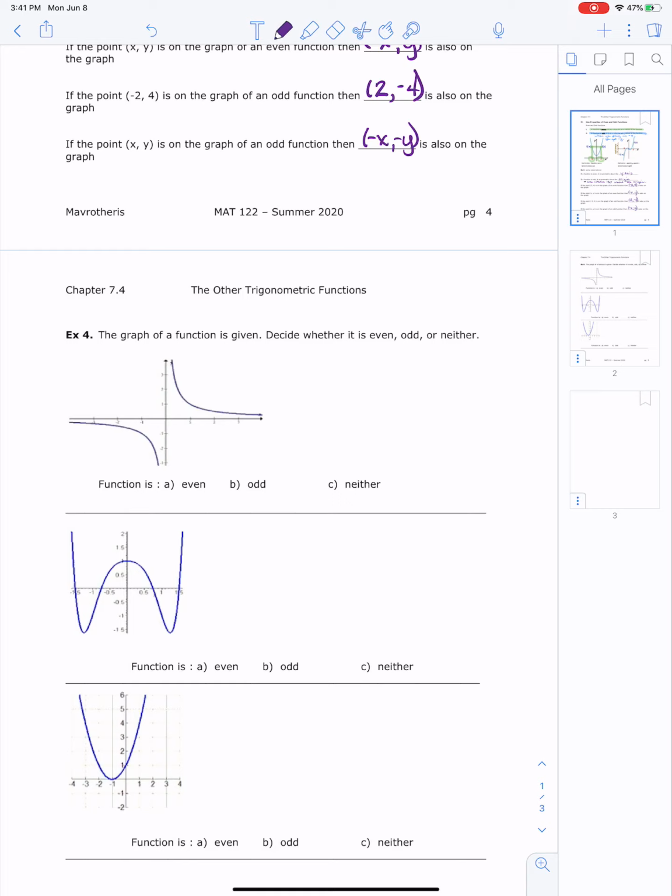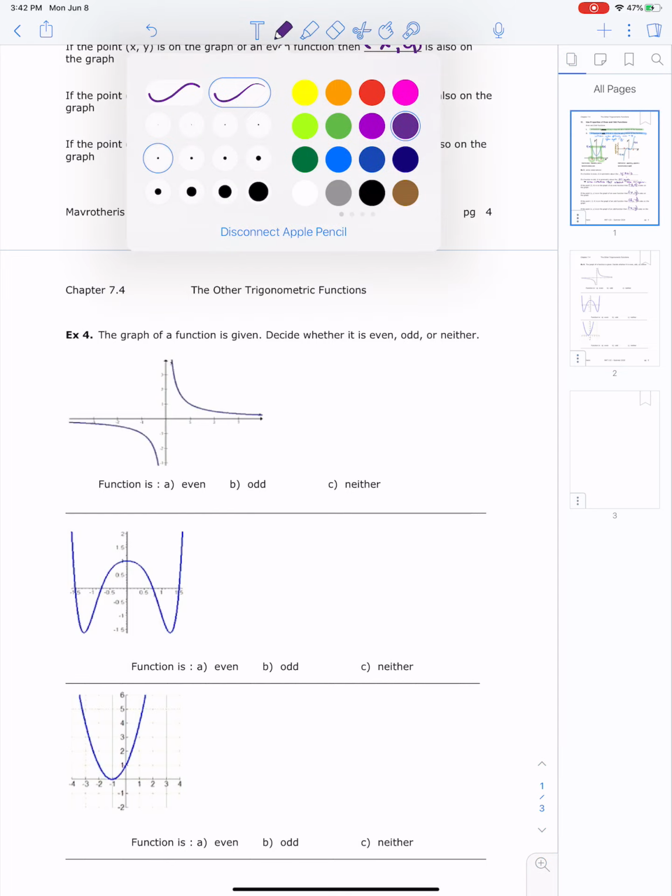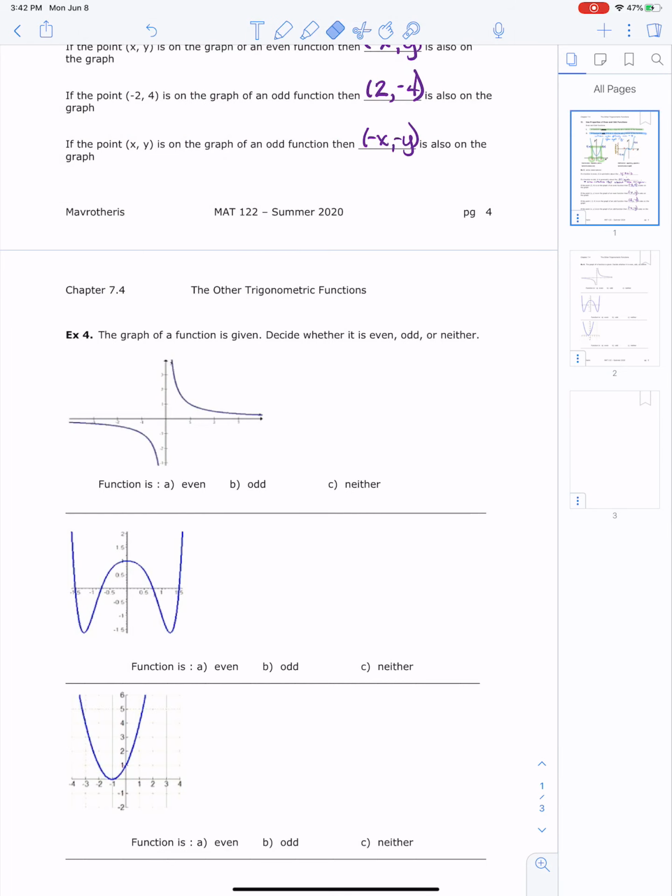We also want to figure that out based on looking at the graph, okay? So here, this graph does not reflect across the y-axis.